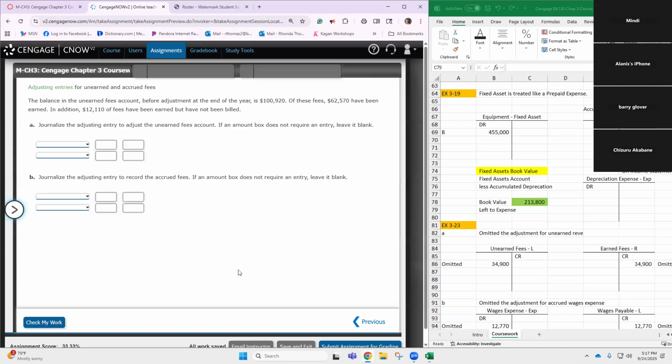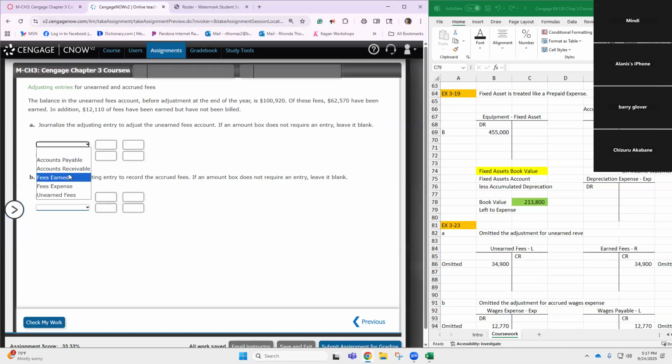So if we debit this, what do you think we're going to do? I'm just going to leave it down there. 62,570. So here is your adjusting entry right here to make this liability go down and to record the revenue as it should be. Okay, so let's go ahead and put this entry in.